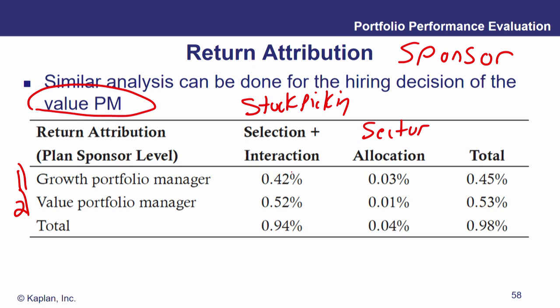Sector allocation was 0.03% for 0.45%. When we look at the value portfolio manager, again, the stock picking was about 0.52%. Not very well in sector, very small, 0.01%, for a total of 0.53%. And overall total, we ended up at 0.98%.